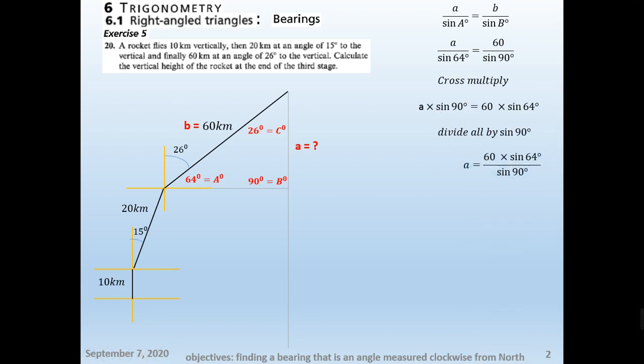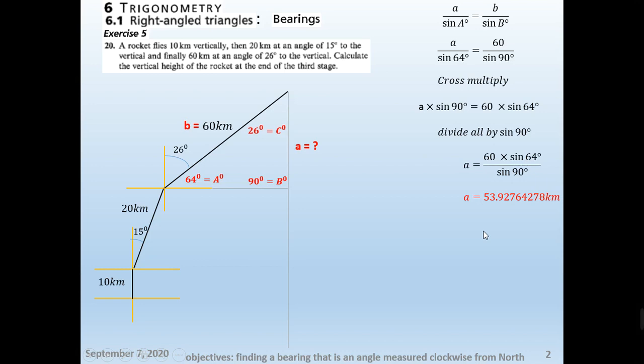Accordingly, A is going to be equal to 60 times sine 64, all divided by sine 90. If you insert this in the calculator, you're going to end up with A is equal to 53.9 kilometer. And this is rounded to 3 significant figures.